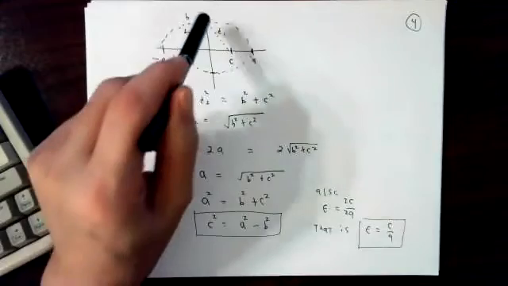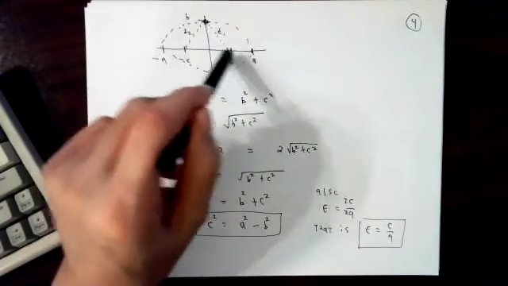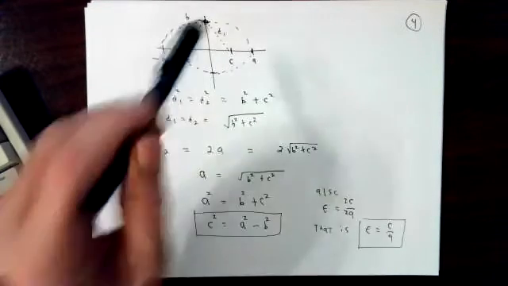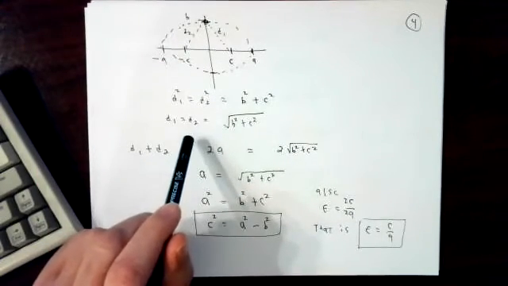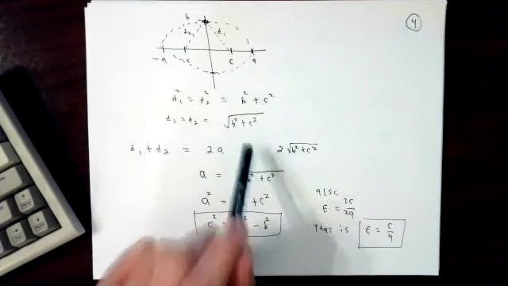On the other hand, this triangle is the mirror image reflection of that triangle about the y-axis. So without any extra work, D1 squared and D2 squared are the same number. They're B squared plus C squared when I'm looking at this particular point.